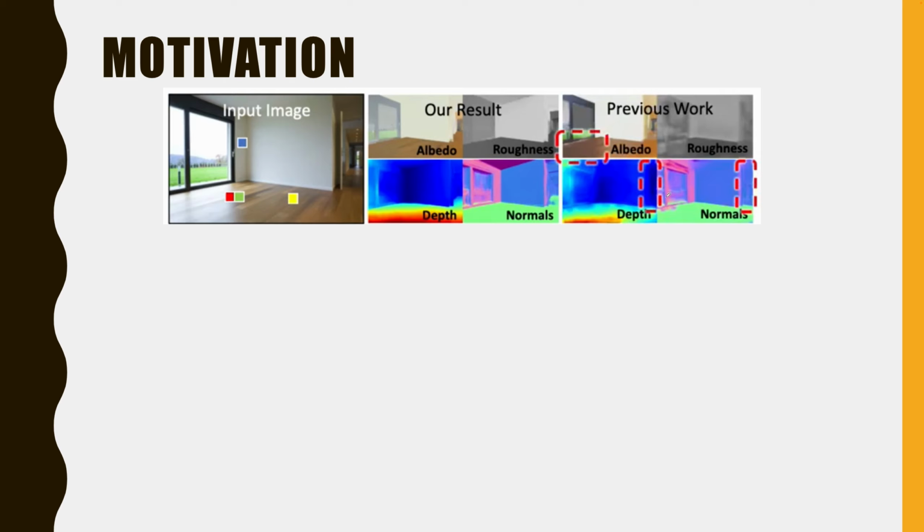So you can see that in general, the results are better, and according to the authors, it also comes from the design choice of using transformers, because transformers can use global information better than CNNs.